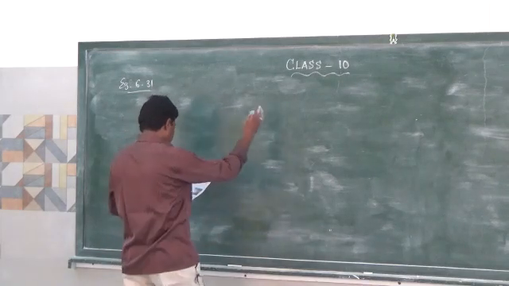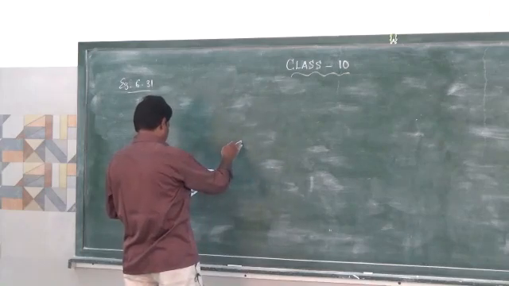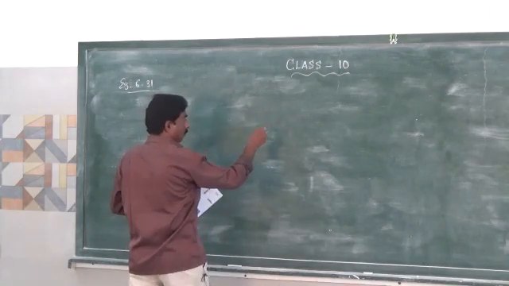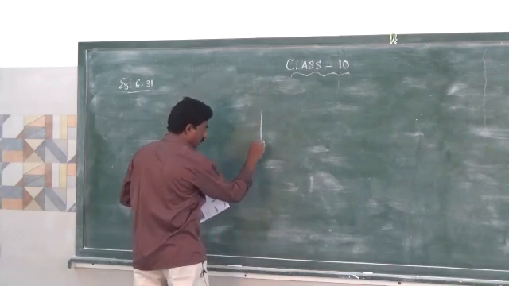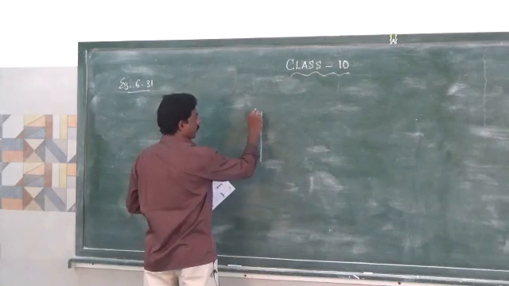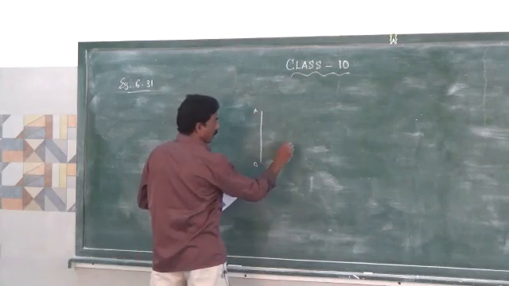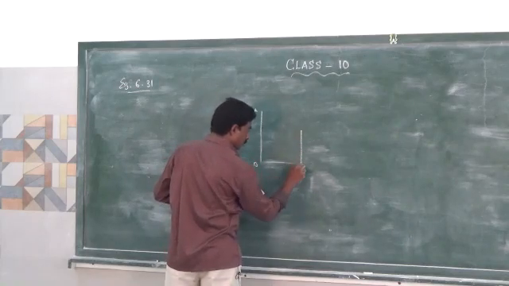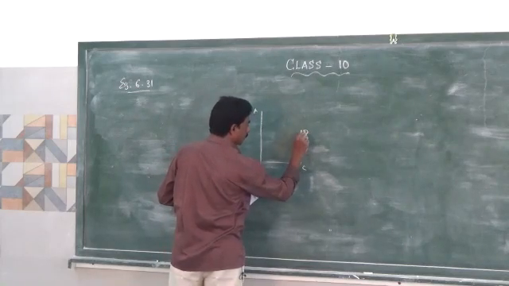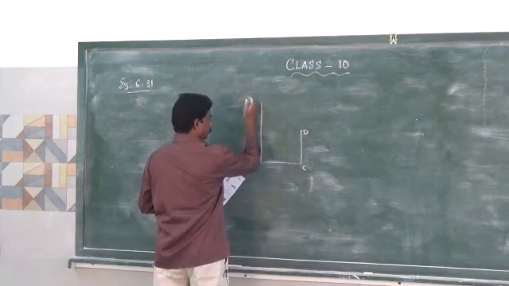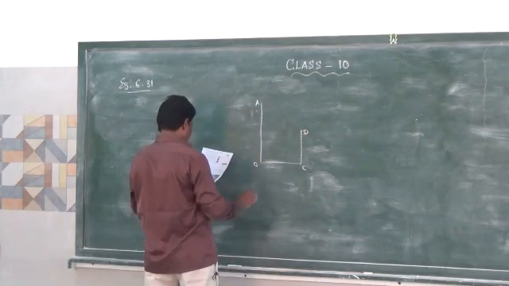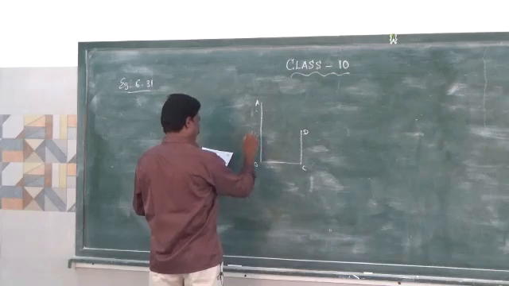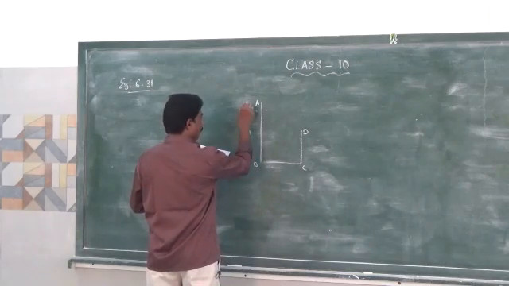So, we consider the building and the cable tower. Suppose AB is the building and CD we consider as a cable tower. What is given? From the top of a 12-meter high building, so the height of the building is 12 meter.